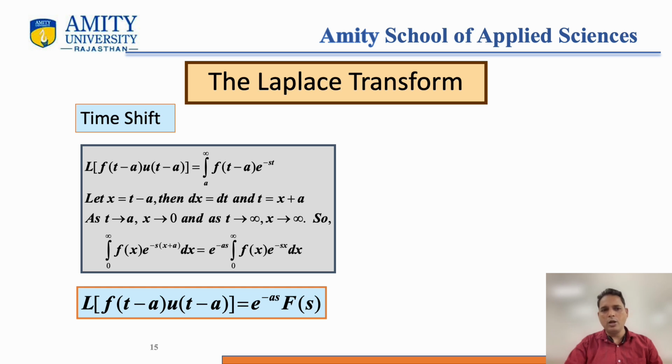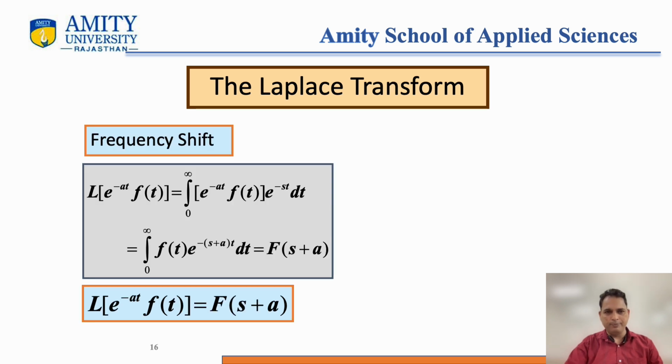So it becomes e^(-sa) outside, integral 0 to infinity f(x) e^(-sx) dx. The integration is a definite integral having the basic definition of Laplace transformation. So it becomes Laplace of f(t), that is f bar s. So your answer becomes e^(-as) f bar s. So it's quite useful for many places.